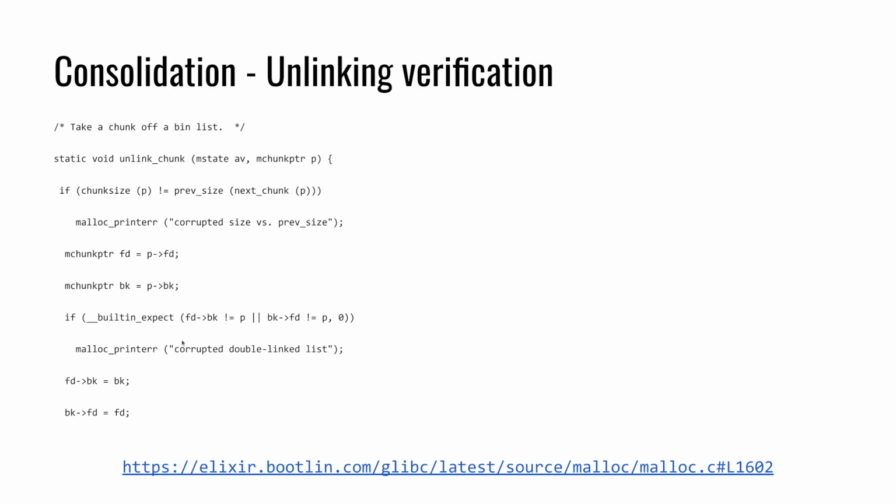Now, there's another check down here. And this check says the backward entry of the next chunk in the list should equal the current chunk. And the forward entry of the prior chunk in a list should equal the current chunk. And all this is doing is jumping forward and back and making sure we end up in the same spot.